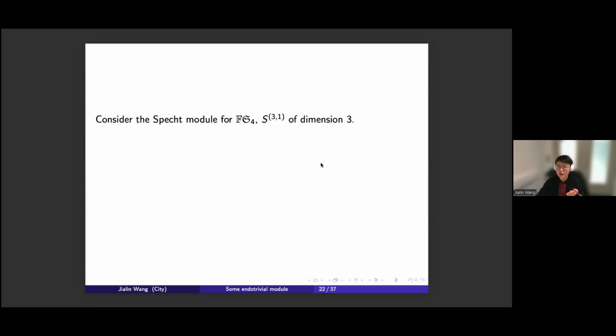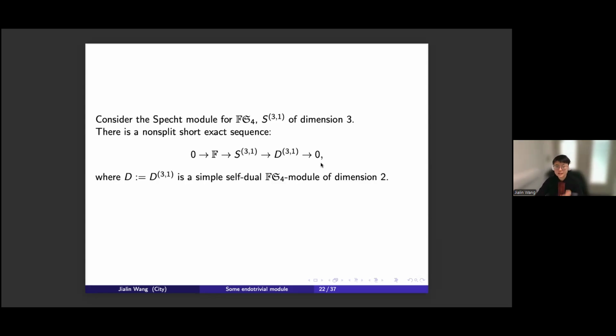And in this case, we are going to look at the Specht module S31, and we do have a basis for this S31, and it has dimension 3. And the S31, in fact, is a uniserial module. So it has F on the bottom and D31 at the head, where D31 is a simple self-dual module of dimension 2.